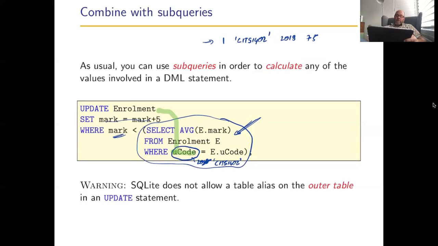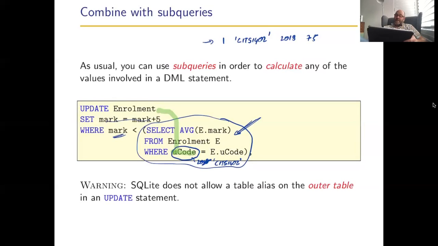This looks a bit weird to people who are used to writing subqueries, because normally when you write a subquery, this uses 2 copies of the enrollment table, one in the outer query, one in the inner query. Normally you would expect to have to give an alias to the outer table, say E1, and an alias to the inner enrollment table, say E2.